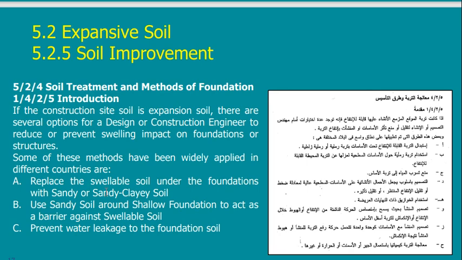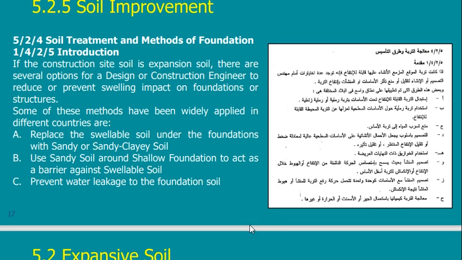Of course, if we are going to study soil improvement, there should be a chapter for soil improvement alone, because there are many ways to do soil improvement, either by adding something, or by changing the characteristics of the soil by some kind of compaction, some kind of anything that would change the properties of this type of soil.